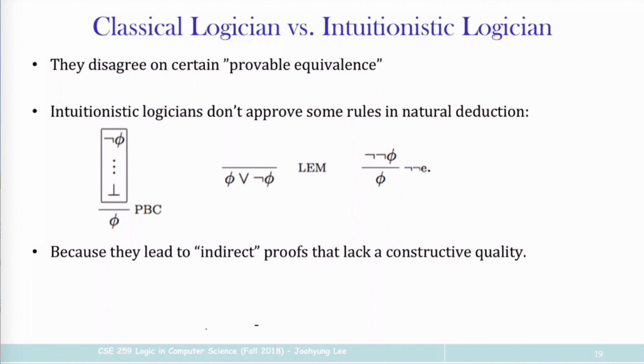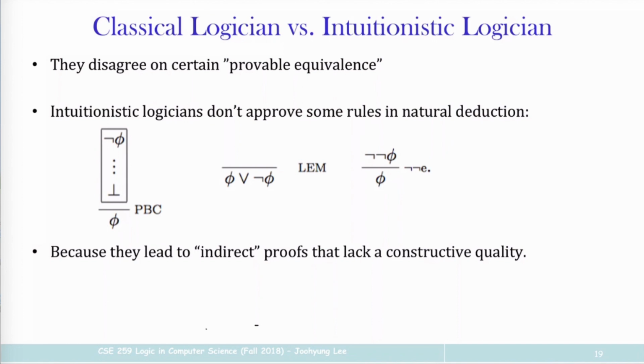Now something that I want to emphasize, and here there will be some tricky things that we'll explain next time. There's some disagreement between classical additions and intuitionistic additions regarding which formulas are provably equivalent.